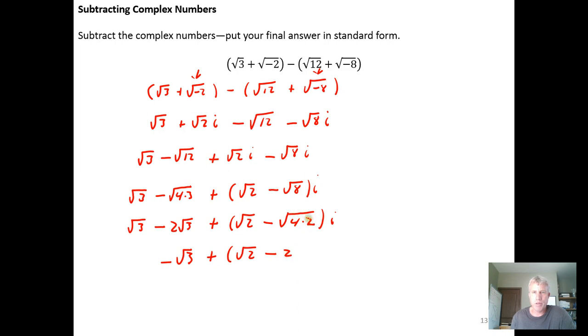The square root of 2 doesn't simplify any further, and I get i. And I can take this one more step. I bring down my negative square root of 3 plus, and this should compact. I have 1 square root of 2 minus 2 square roots of 2. 1 minus 2 is negative 1, or just negative square root of 2 times i.